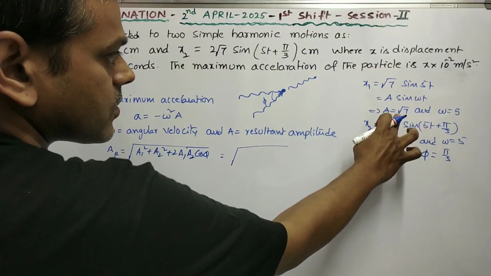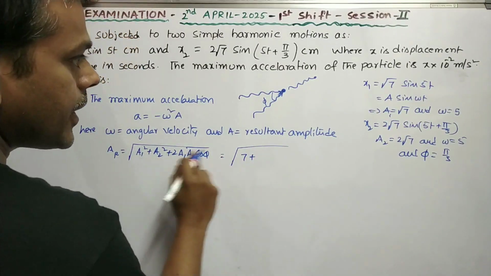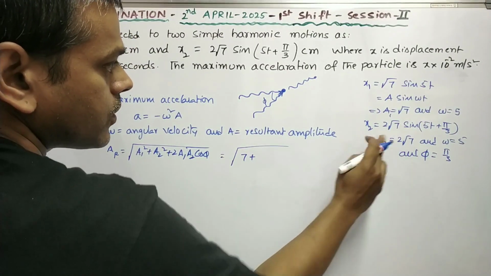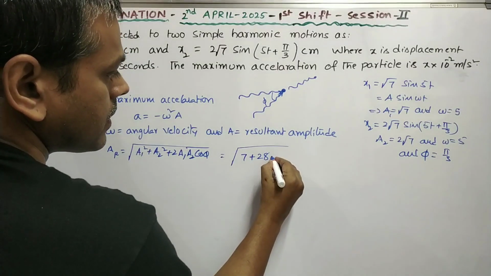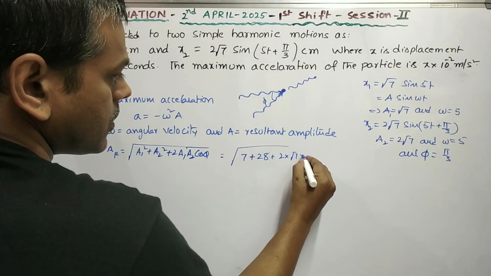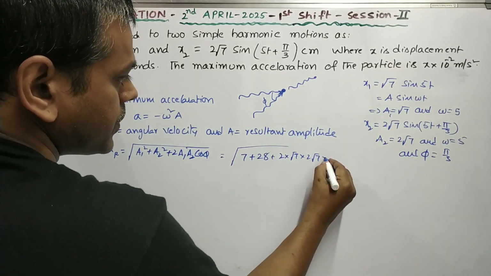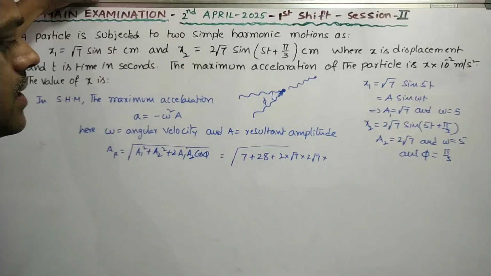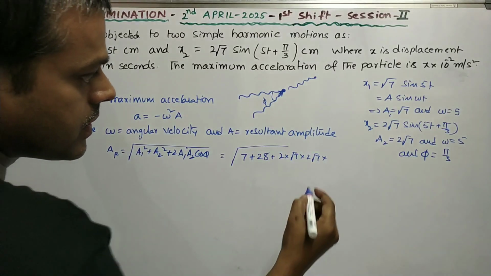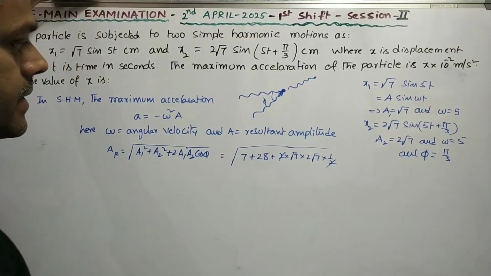A1 square: A1 is root 7, so square means 7. Plus A2 square, which is 4 into 7, 28. Plus 2 into root 7 into 2 root 7 into cos pi by 3. Cos pi by 3 means cos 60, which is 1 by 2, so the 2 is cancelled.